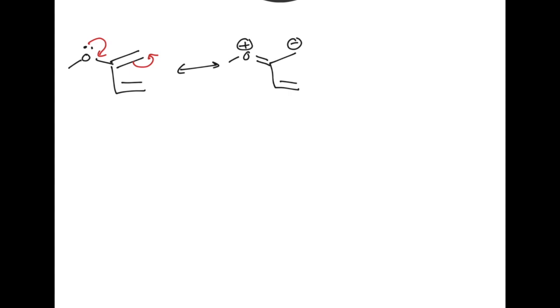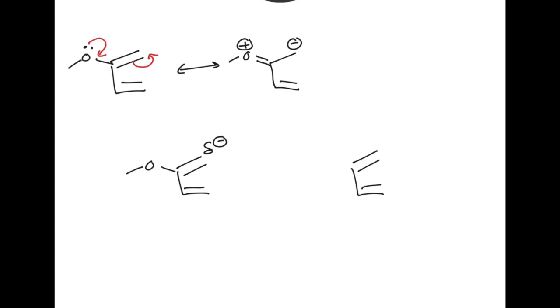It can't interact with the other double bond. So we can say our electron donating group is just going to make the end of the double bond it's on negatively charged. That makes sense?